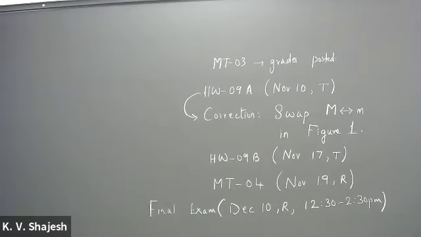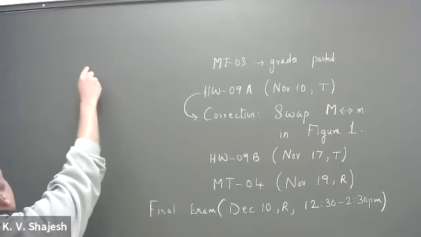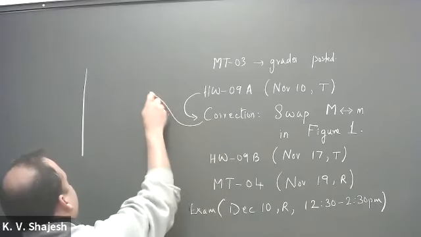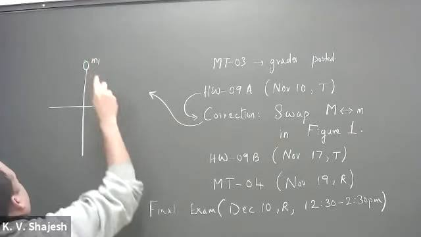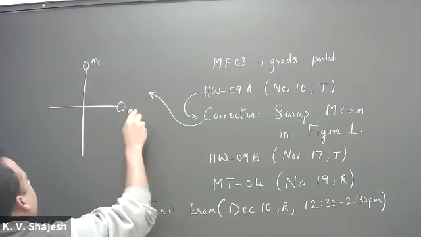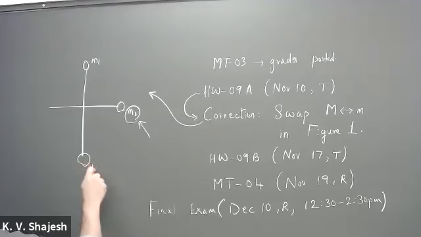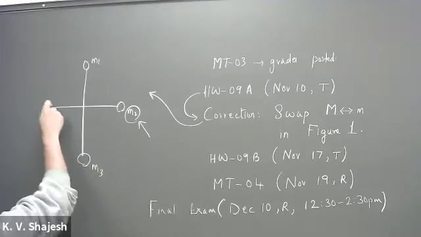So let me move this so that I can see my, okay. So this is the diagram. So again, this is another correction. So that's M1, M2. So that's the correction. M3 and M4.